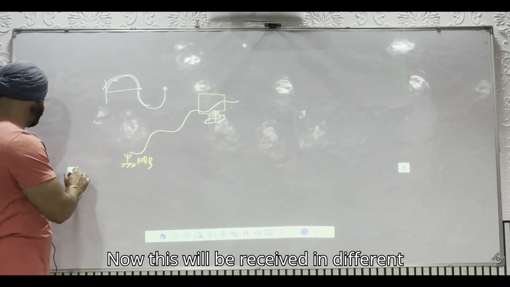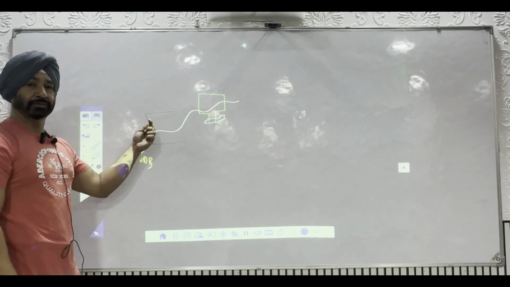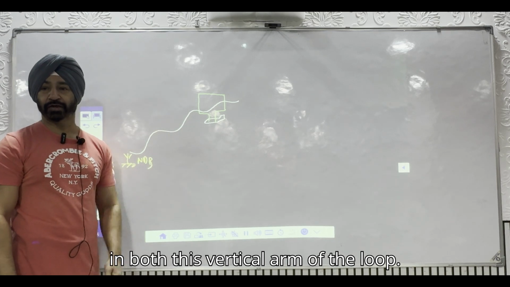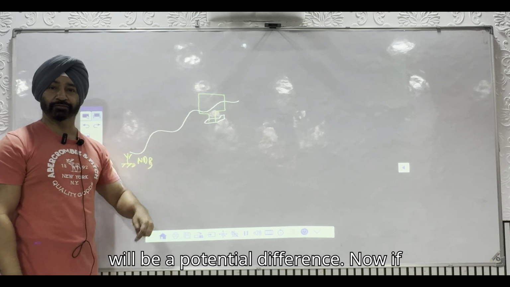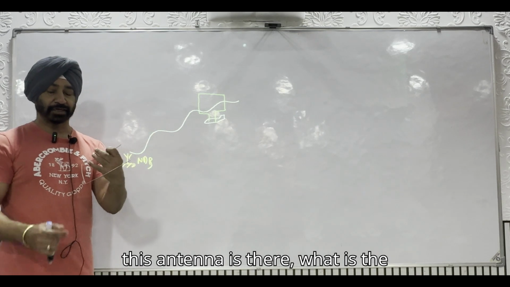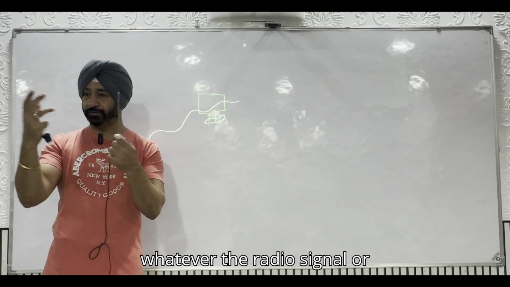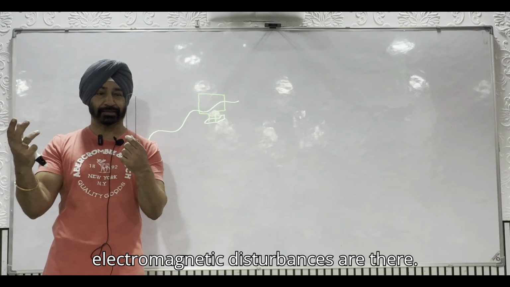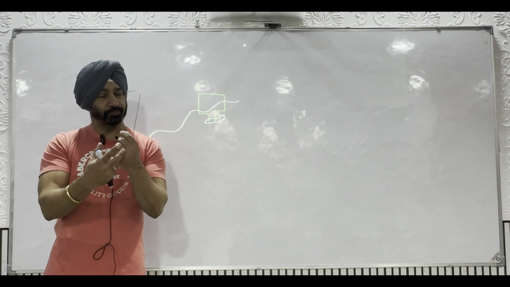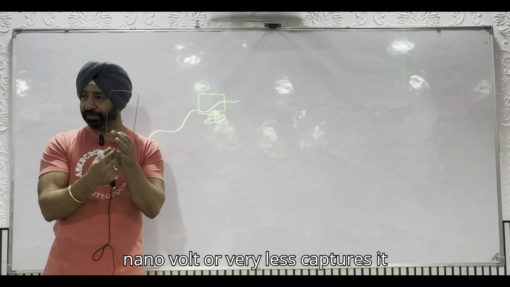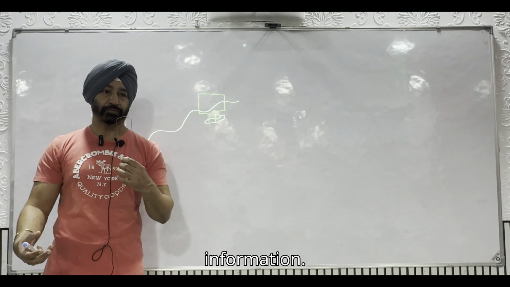Now this will be received in different phase in both vertical arms of the loop. Because of this different phase, there will be a potential difference. What is the purpose of this antenna? To capture whatever radio signal or electromagnetic disturbances are there, maybe some nanovolts or very little, and then we process it to extract the information.